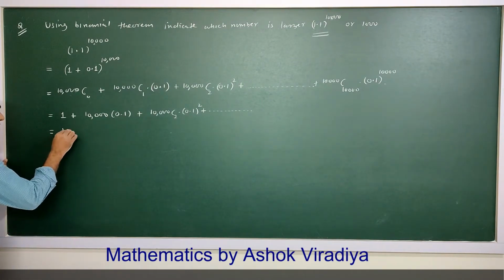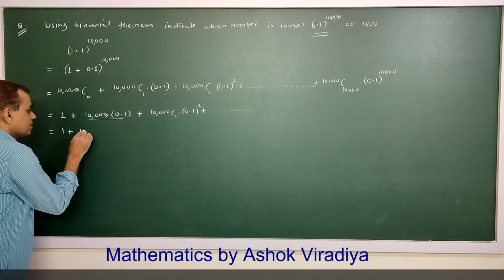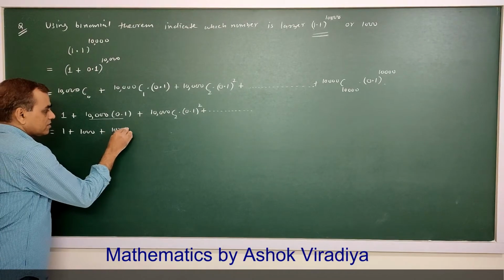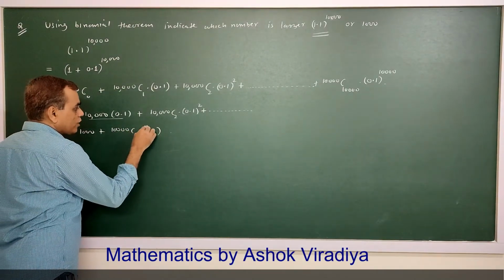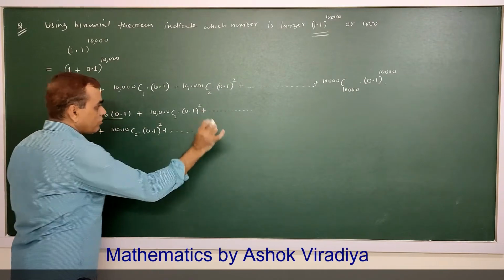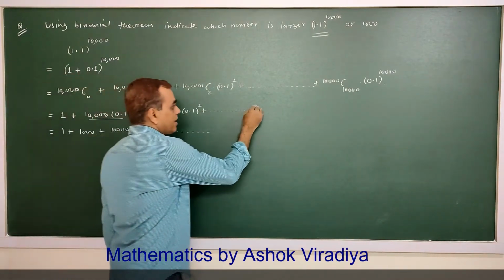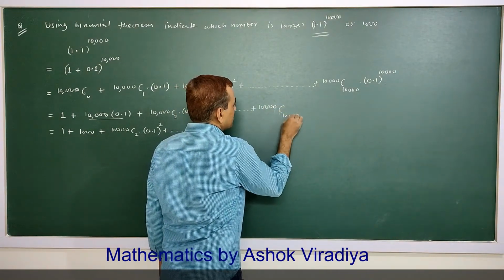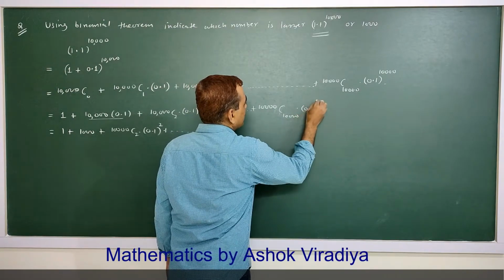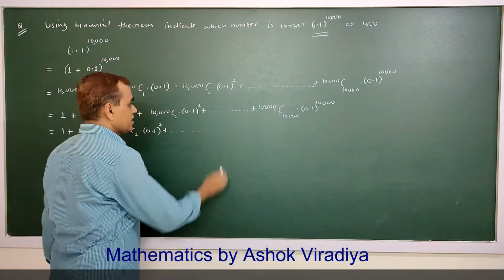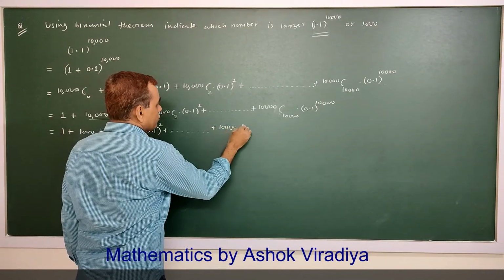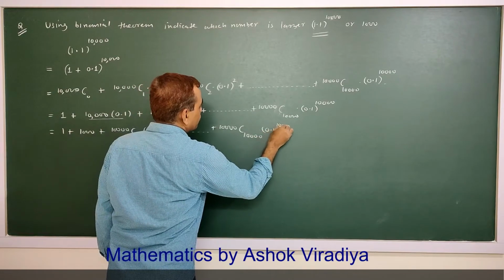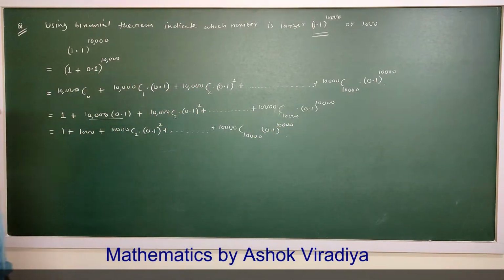So this is 1 plus, this is 1,000, plus 10,000C2 into 0.1 square plus and so on. The last term is 10,000C10,000 into 0.1 raised to 10,000. It is the last term.